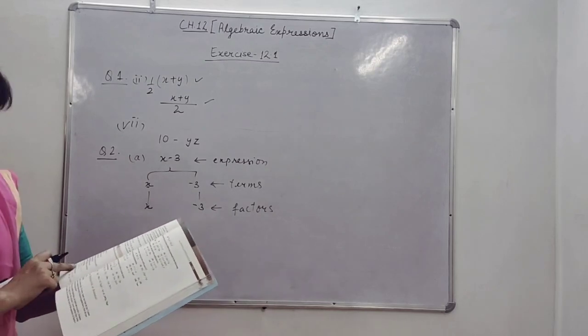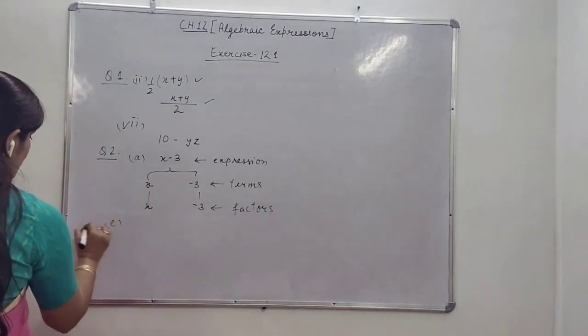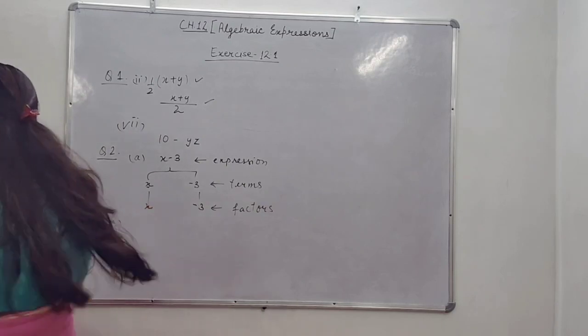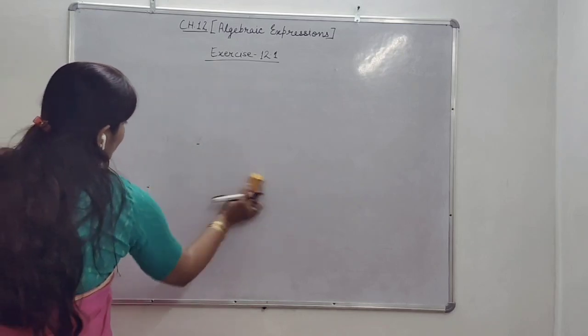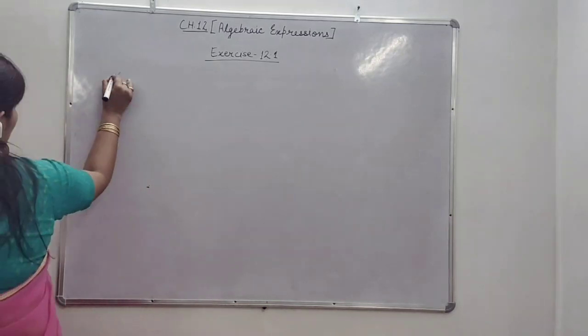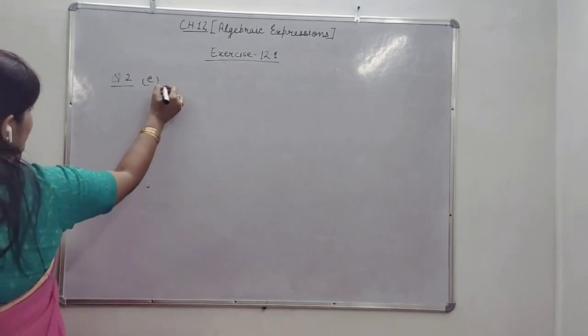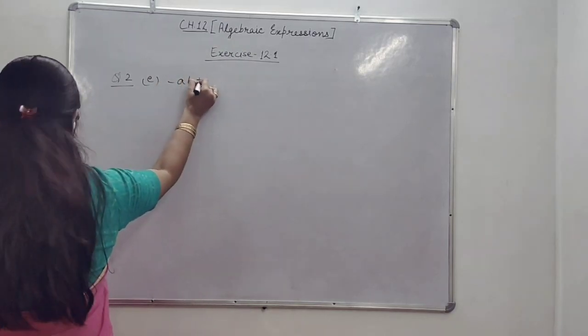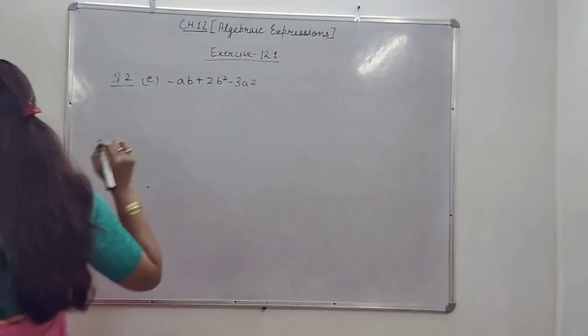Now let me tell you about the 5th part of this question, E part. This is a little big, so let me erase it. Now question 2, E part. The expression given is minus AB plus 2B square minus 3A square.